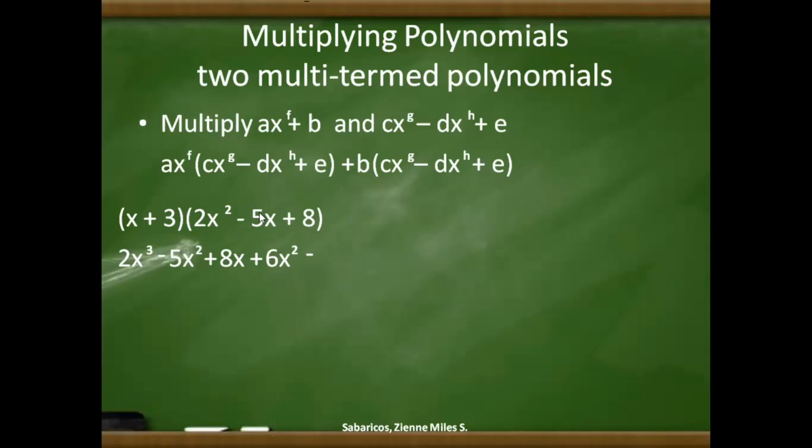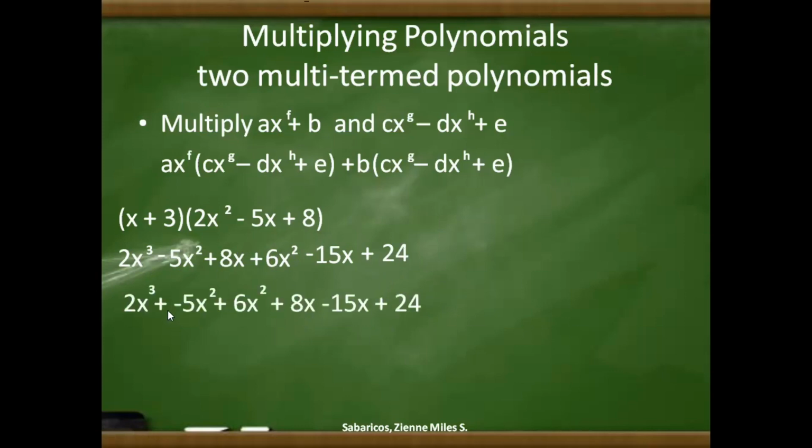You bring down the x once again because 3 does not have a variable. And then bring down the sign. And then 3 times 8 is 24. So our answer is 2x cubed minus 5x squared plus 8x plus 6x squared minus 15x plus 24.